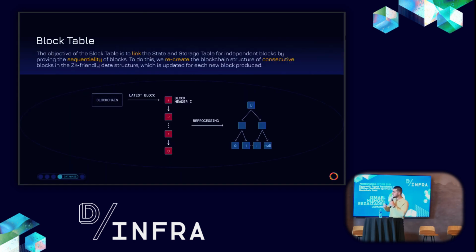And then the next thing that we do is we create what we call the block table. The block table is a table that proves the inclusion of a number of blocks within some range that we would like to dynamically compute over, removing the nature of sequentiality from those blocks.